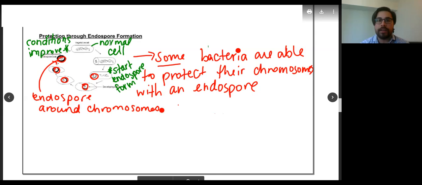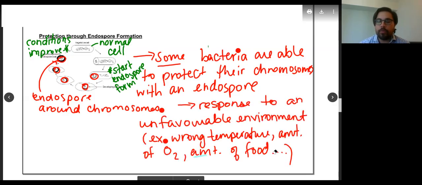And so what I mean by environment, I mean the idea of things like wrong temperature, amount of oxygen, amount of food, it's too acidic, it's too basic. So in response to these unfavorable environments, the bacteria will shield up, and it will kind of hang out and wait until those environments pass.